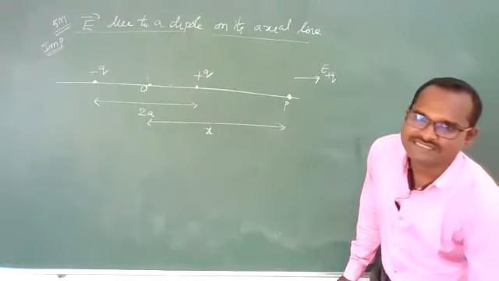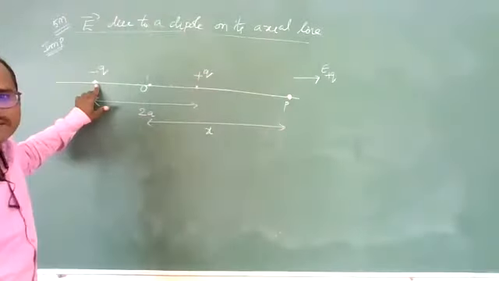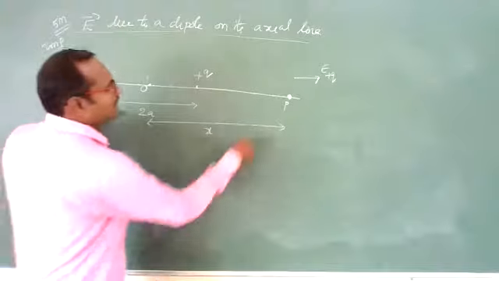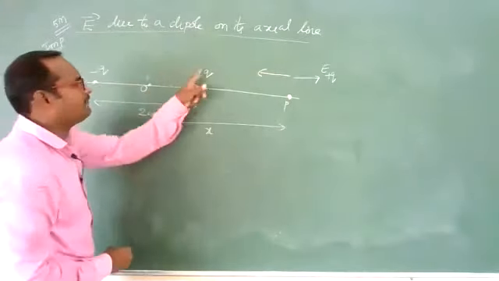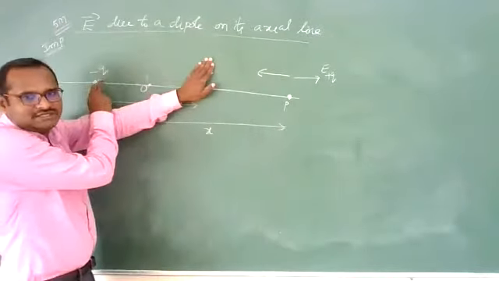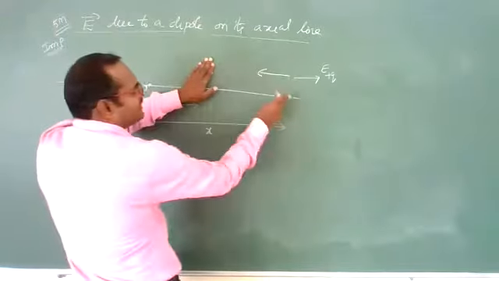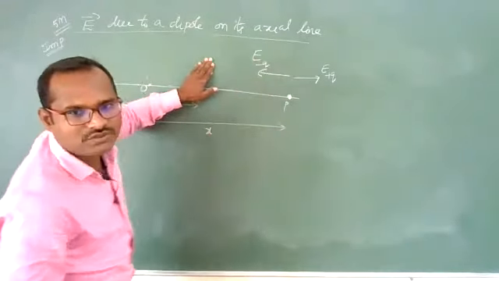Clear, students? Yes. Now, at this point P, due to the negative charge, the electric field is in which direction? The electric field is always towards the negative charge and away from the positive charge. Forget about this one now, only the negative charge is there. Due to this negative charge, the electric field at this point will be in this direction. Clear, students?